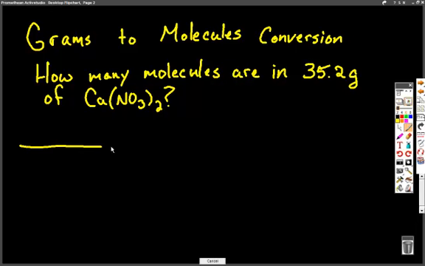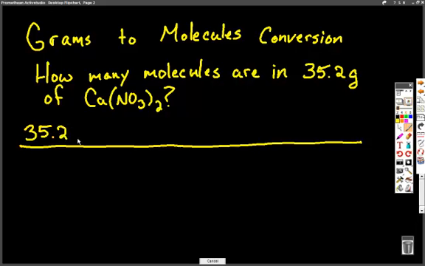We're going to put what we know in the top left-hand corner, and we know that we have 35.2 grams of calcium nitrate, Ca(NO3)2. What are we solving for in this case?